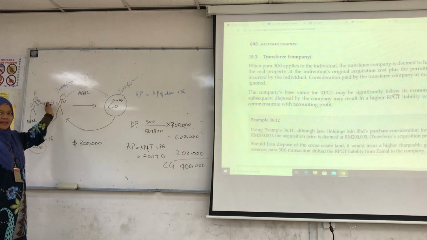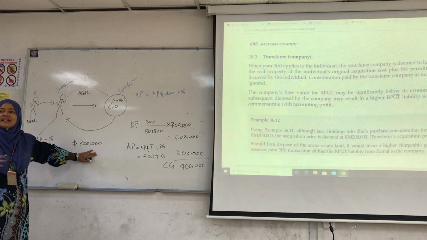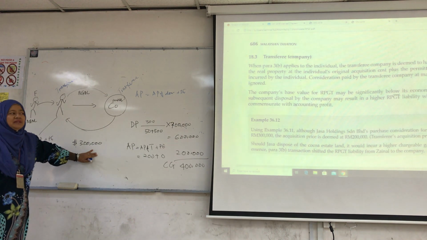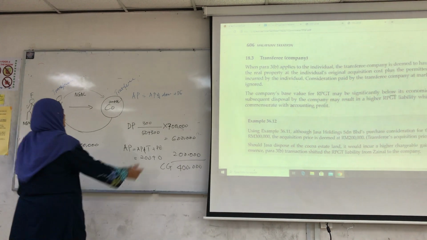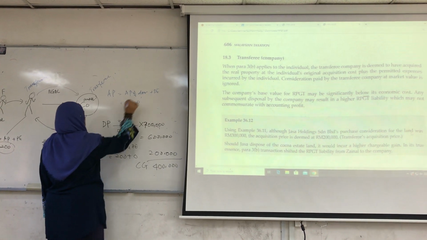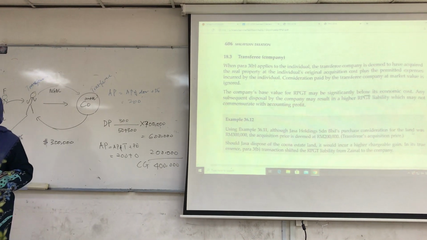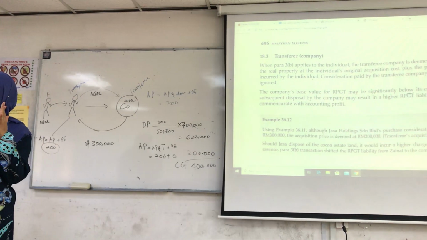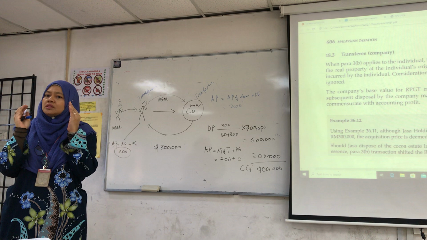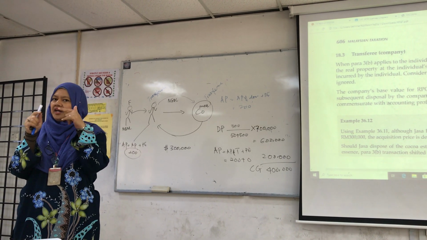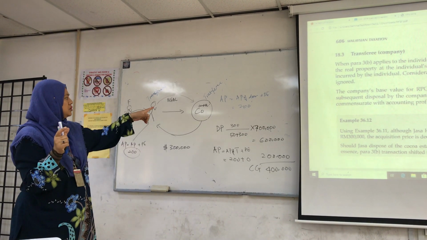It always goes back there. It has nothing to do with the shares that the company paid. In this case, again, it goes back to 200,000. So if the company later disposes of the property, then the acquisition price of the property is 200,000.